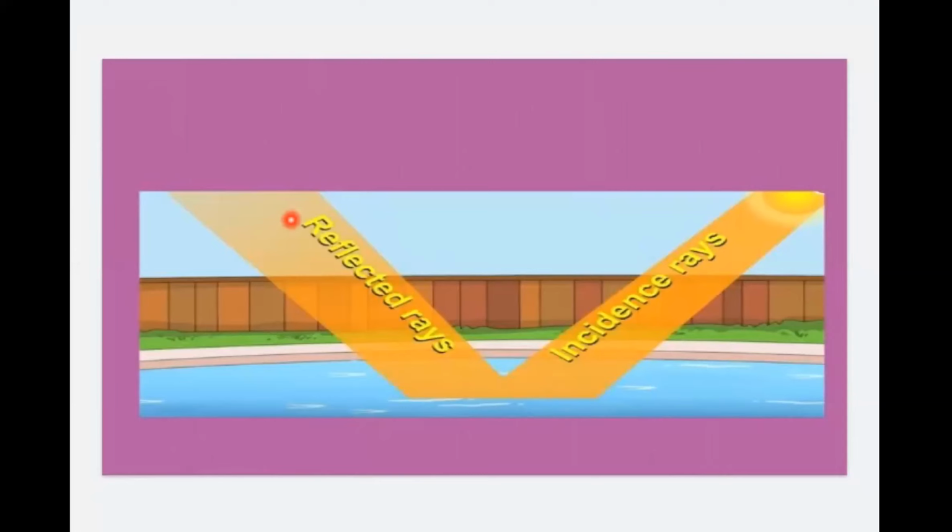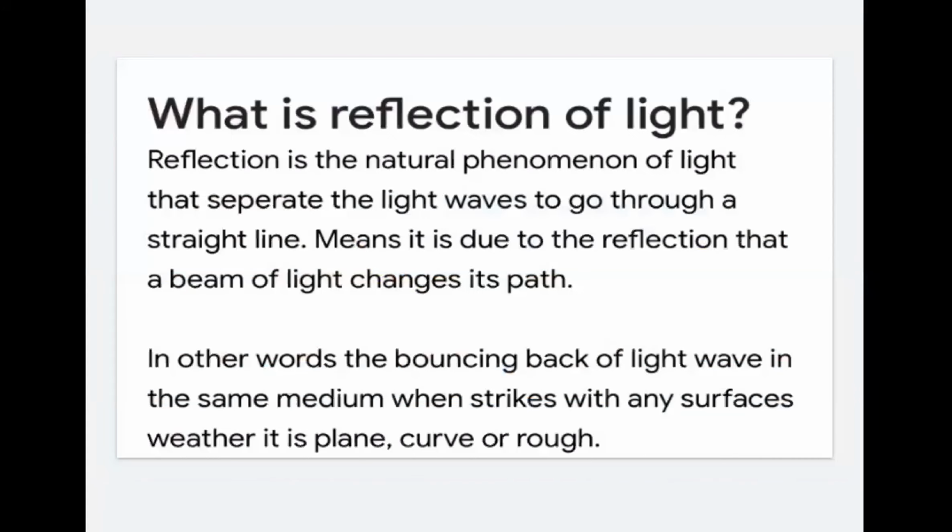Both the ray approaching the water surface and the ray bouncing back will travel in the same medium. So we come across a beautiful phenomenon which we call reflection of light.